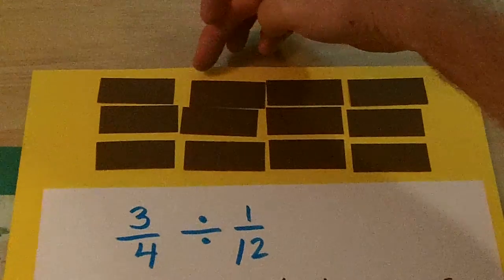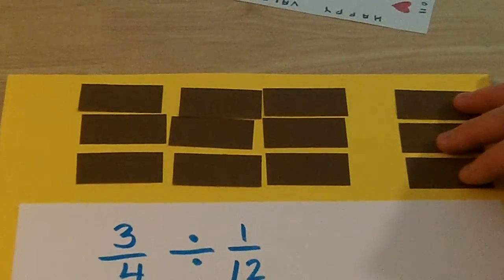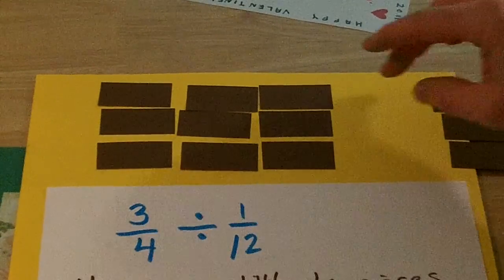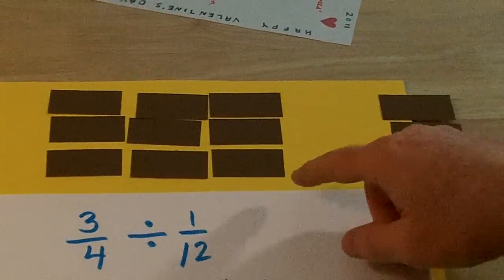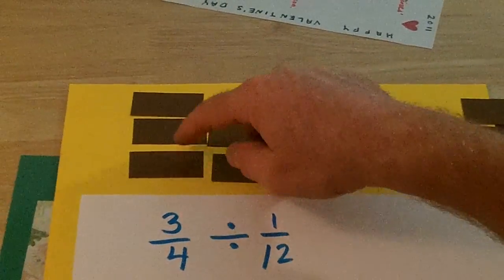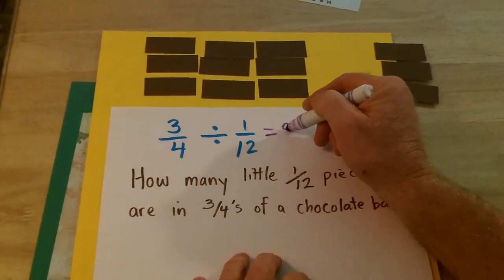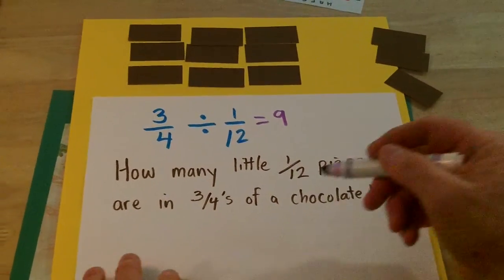Since there are 4 columns here, 3 out of 4 columns, we can go just like that, and there's 3/4 of the original candy bar. So all we need to do is count 1, 2, 3, 4, 5, 6, 7, 8, 9. There are 9 little 1/12 pieces in 3/4 of a candy bar.